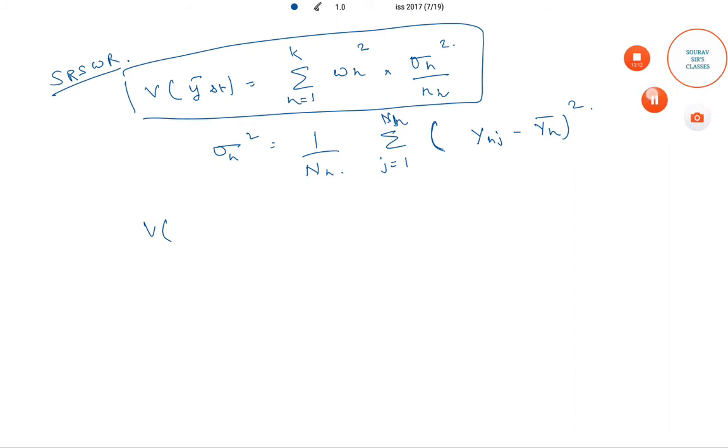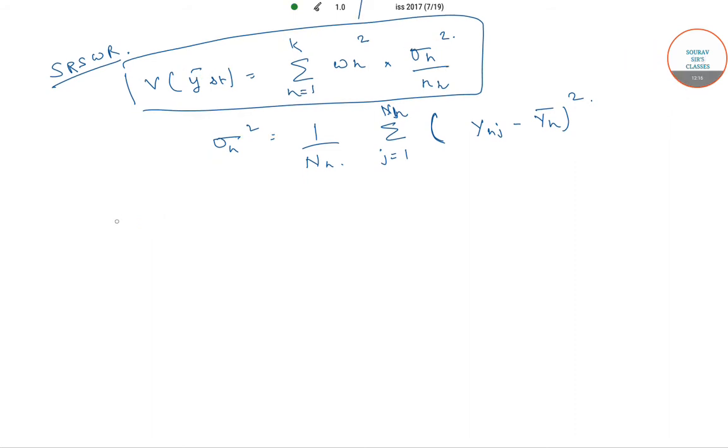Now next is the estimated variance of ȳ_st.